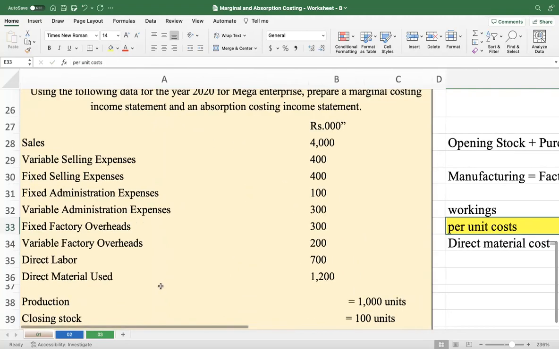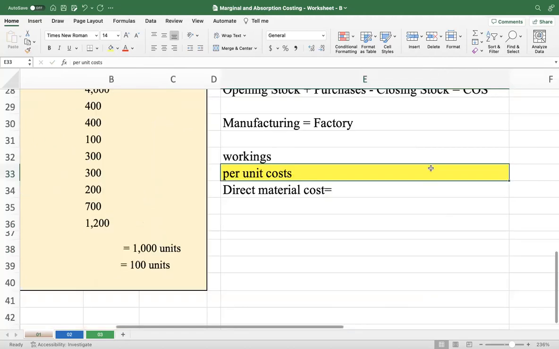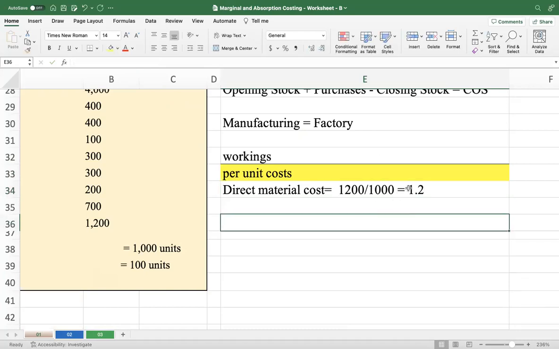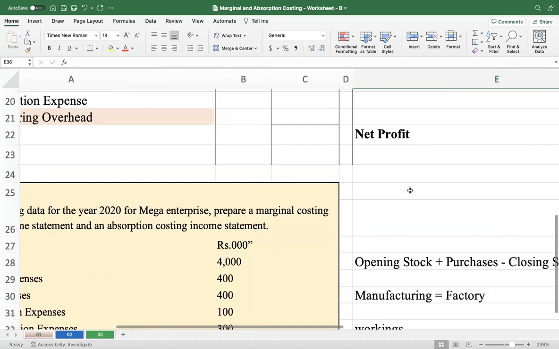So direct material is 1,200. We need to divide by the number of units that we produce. Then we can get the per unit material cost. That will be 1.2, right? So just keep this in workings because we need these values in the future.